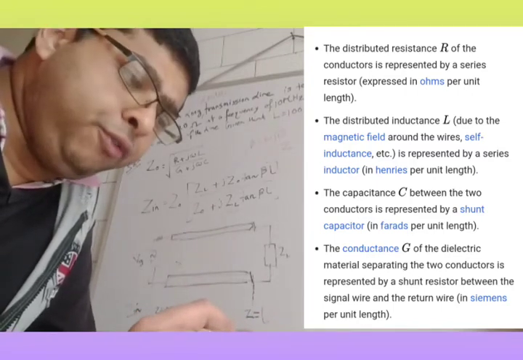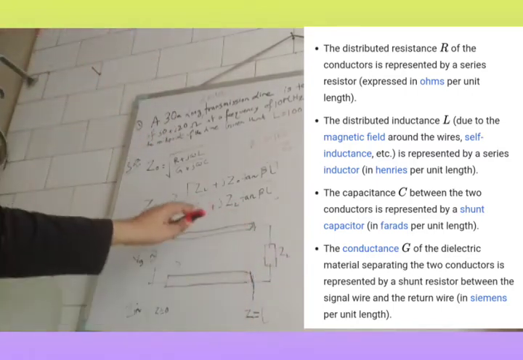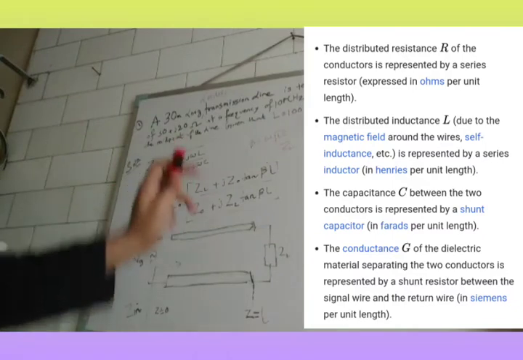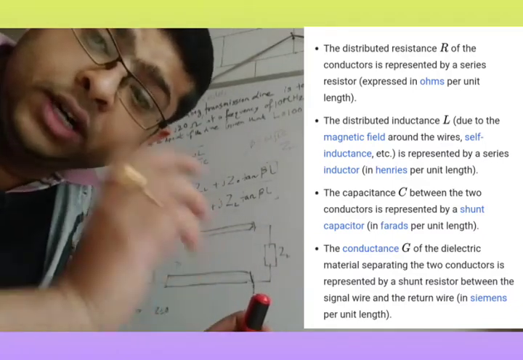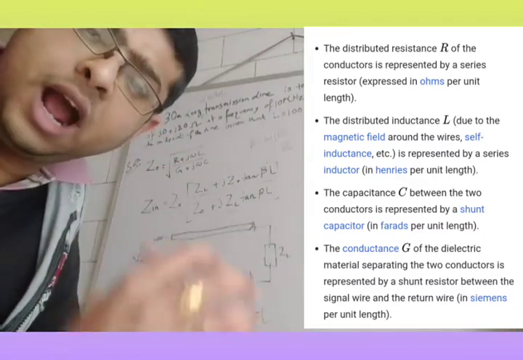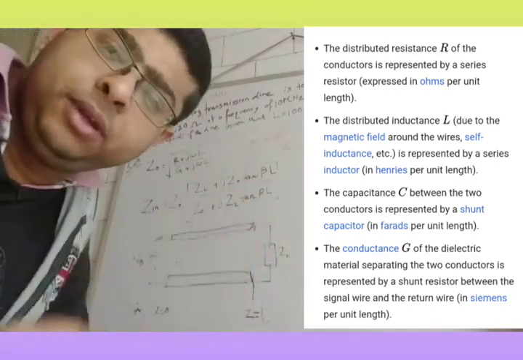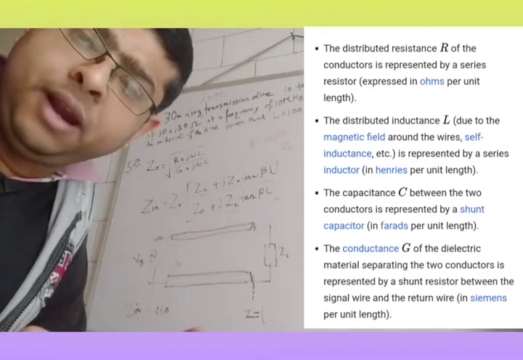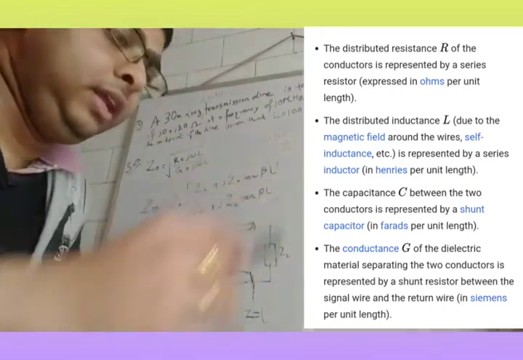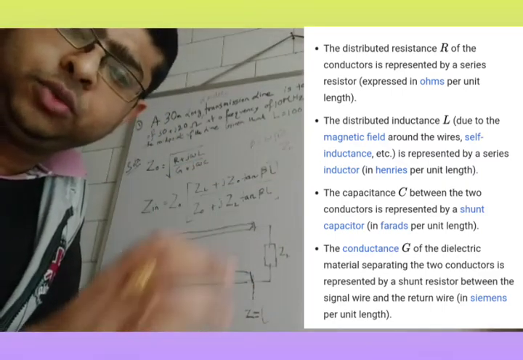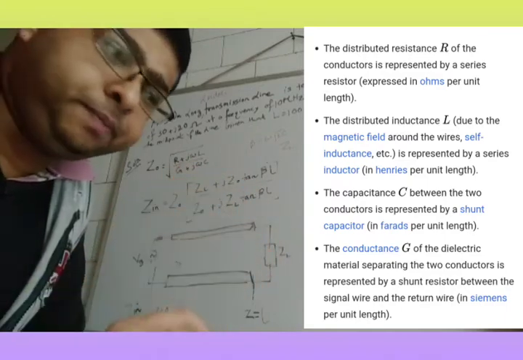If you feel any problem, you can see in any book what the meaning of R and G is and how they come into the picture. Remember, these are not physical parameters; they come from the distributed elements.